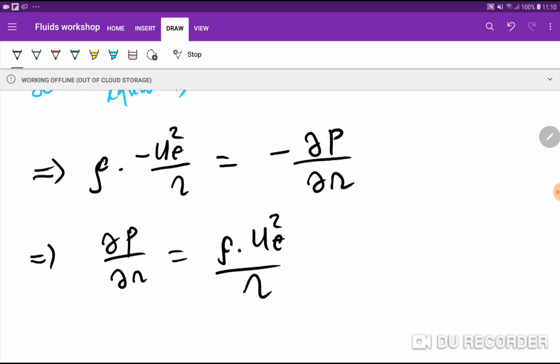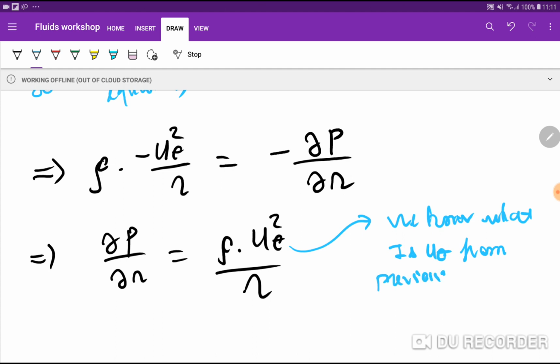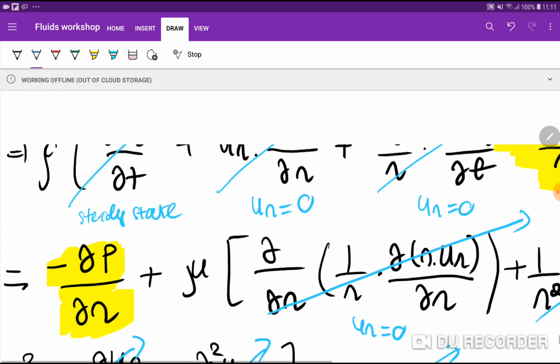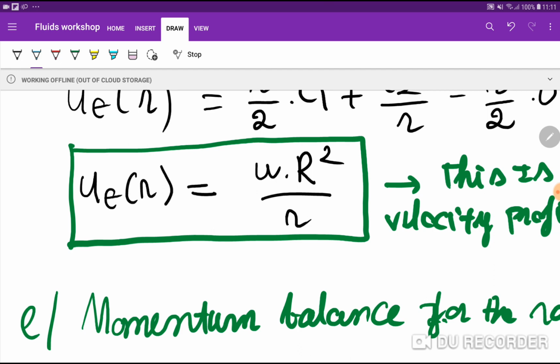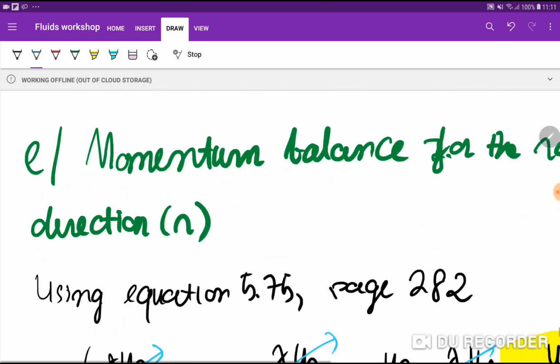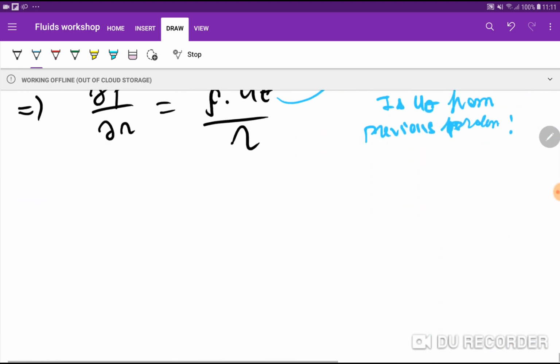However, in this problem, they want us to find a complete formula. Remember, we know what u_θ is from the previous problem. So what's u_θ again? u_θ, as we showed here, is ω R² over r. You can substitute it in here.